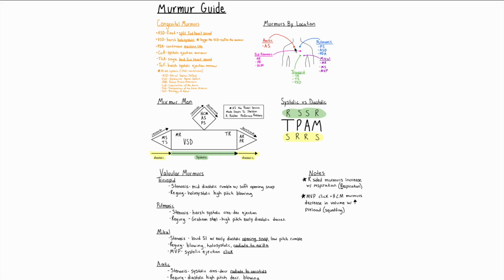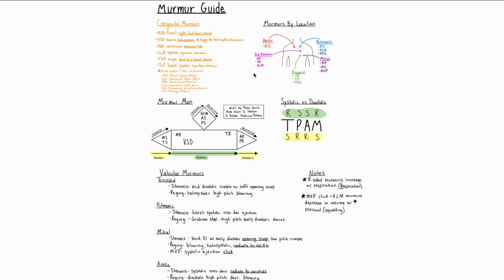So I just broke it down into the different places that we listen: aortic, pulmonic, second pulmonic or Erb's point, tricuspid, and then mitral. And all these are relatively self-explanatory. There's some variation. Aortic, we're going to hear aortic stenosis. Pulmonic stenosis, ASD and PDA.